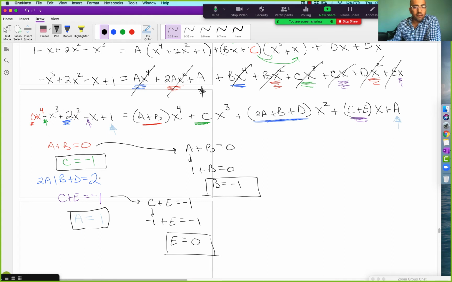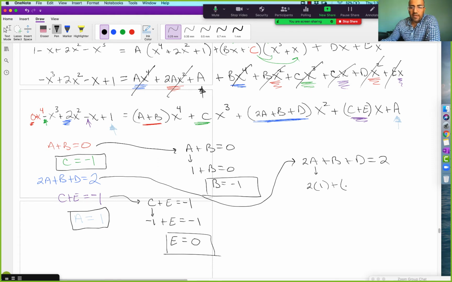So from here, let's grab this guy and get through all the traffic and write it down over here. 2A plus B plus D must be 2. And we know that A was equal to positive 1, 2 times 1, plus B was negative 1, plus D must be 2.